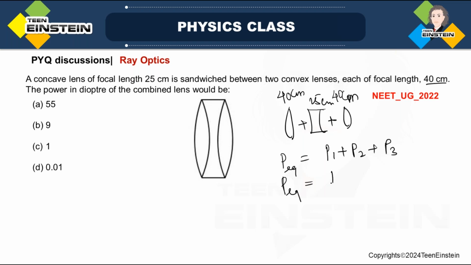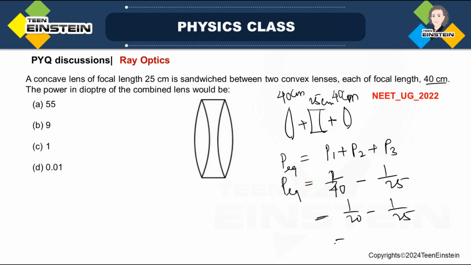So power will be additive, as you know. Power will be P1 plus P2 plus P3, right? These are equivalent powers. Let us find out what these are.